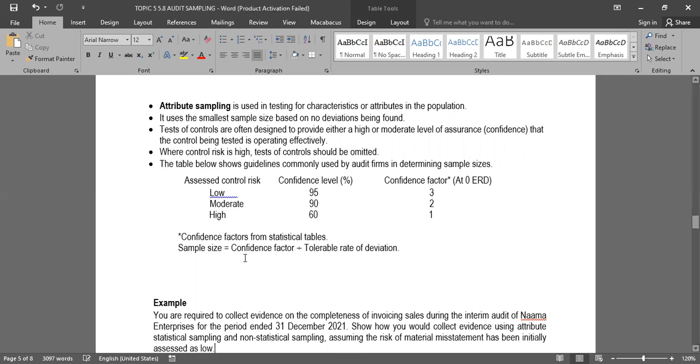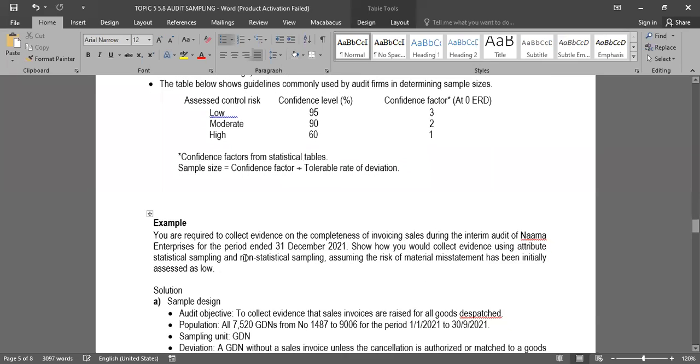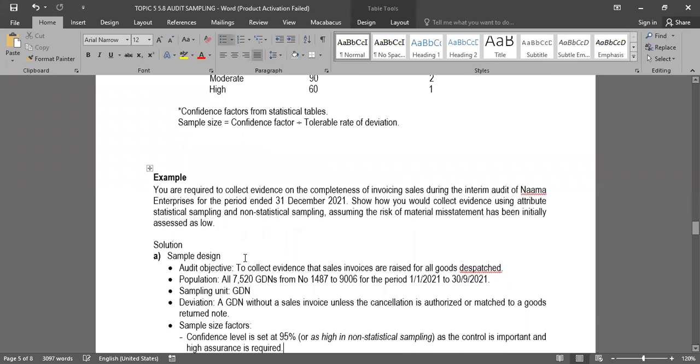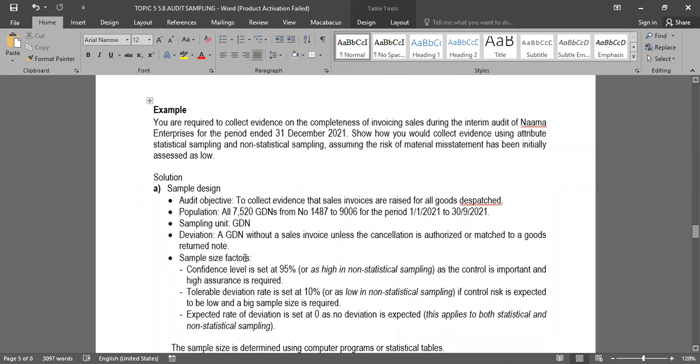Let me emphasize something here regarding the sampling unit. We're saying this is completeness. This is not existence. It's completeness. For completeness of sales invoices, we stress where they're coming from.